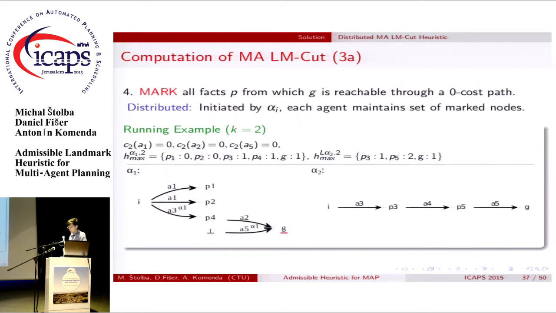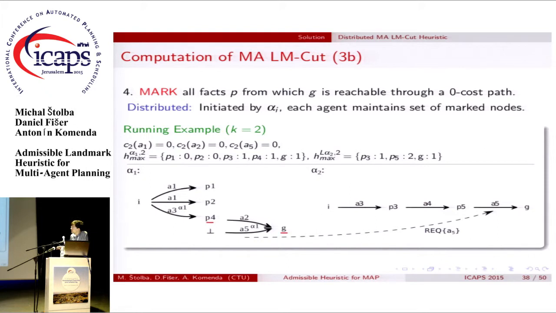Okay, now what we need to do is to perform similar steps as in the centralized version of the heuristic. So first we find all the facts from which the goal is reachable by a zero-cost action. This is the second iteration of the algorithm, so costs of A1, A2, and A5 are already 0. So in this case, the facts we are looking for are P4 and this special fact.